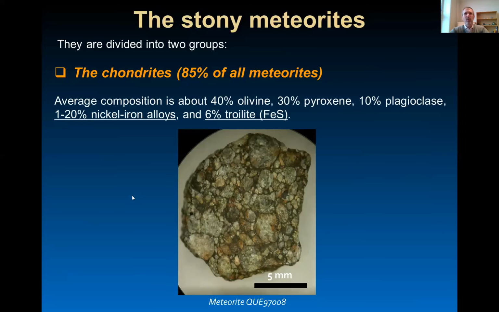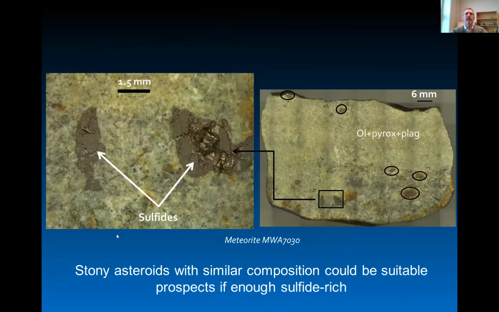They are not all like this one. We have some variation, and this one has a completely different aspect. We have a large part of it formed by olivine, pyroxene, and plagioclase, and scattered across the rock we have sulfides here.